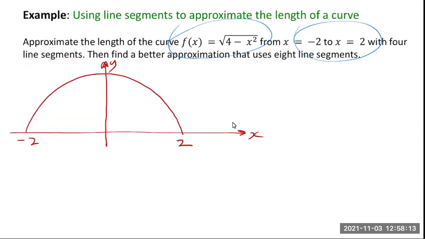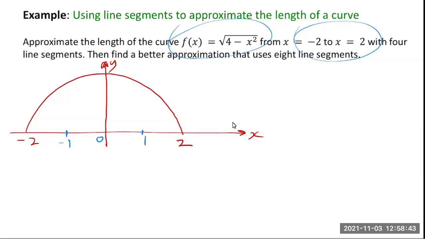If you are asked to use 8 line segments, you are dividing your interval into 8 subintervals. But for the first part, I'm going to divide this into 4 subintervals. Clear? The 4 subintervals are -2 to -1, -1 to 0, 0 to 1, and 1 to 2.